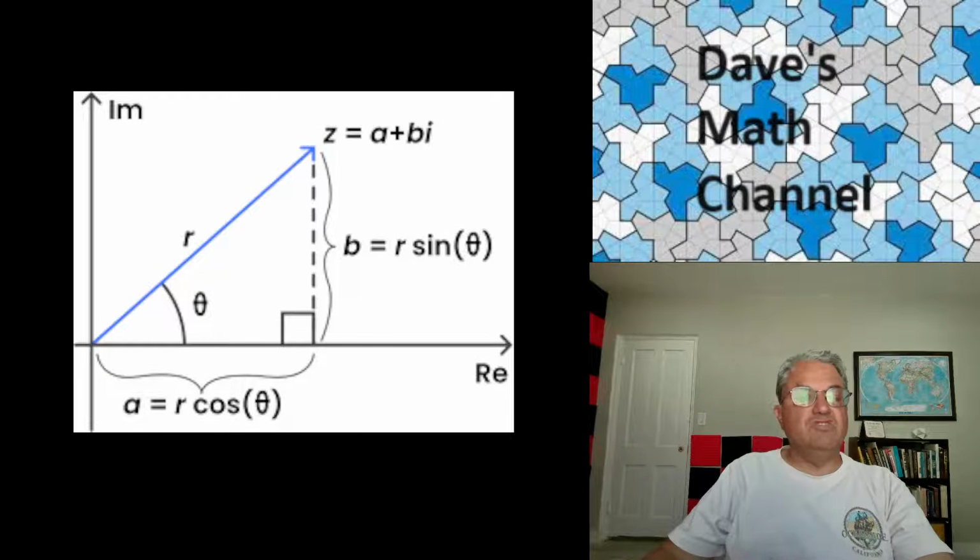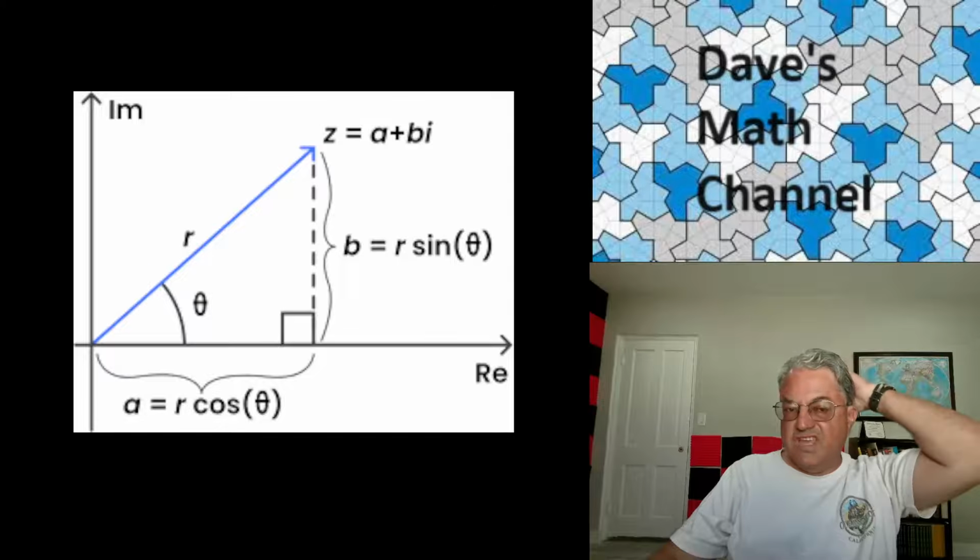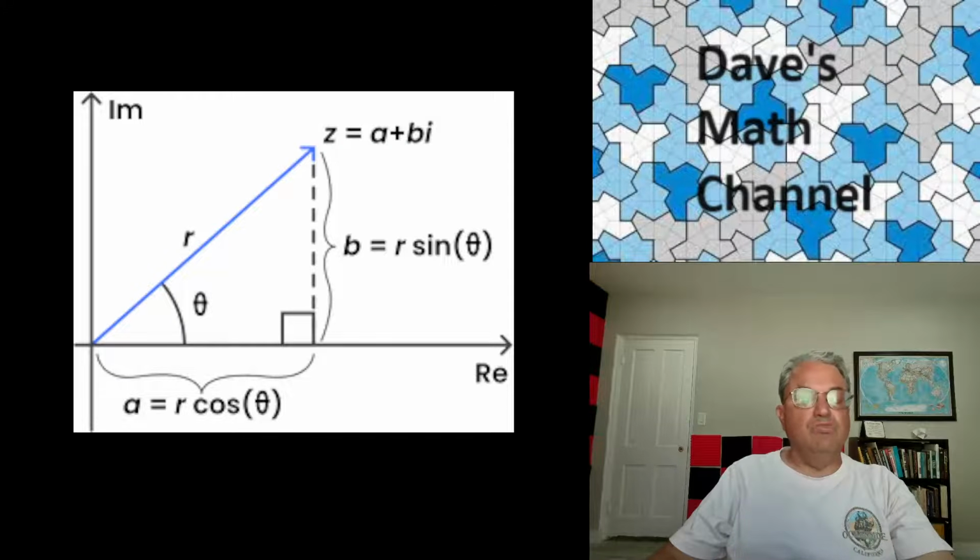But it's just a vector whose x coordinate is a and whose y coordinate is b. So that's just another way of saying the real component of z is a and the imaginary part is b times i. But that's just one way you can represent a complex number.